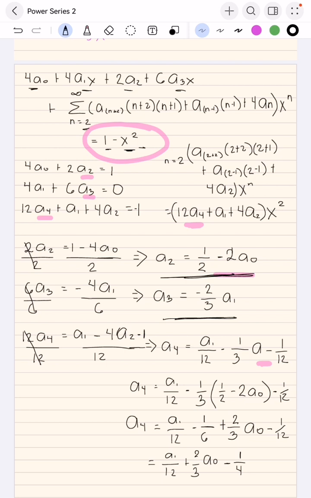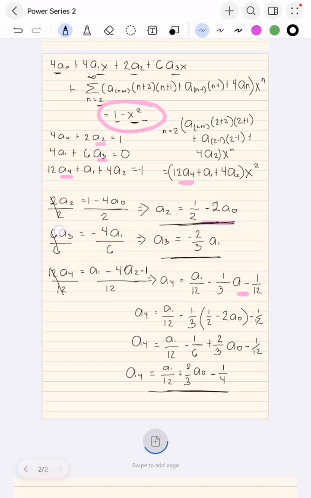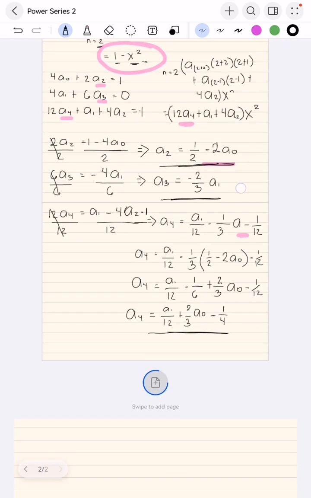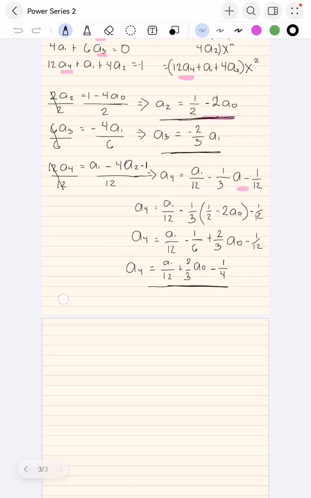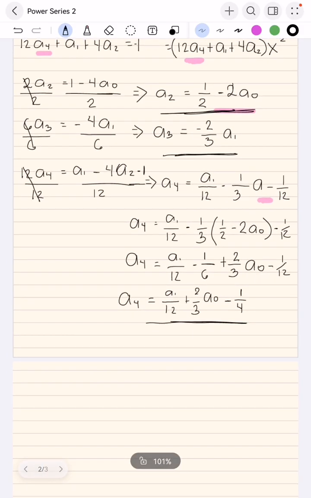So that's it. So this is 1/4 for our a4. Now with that, we already have our a1, a2, a3, a4.